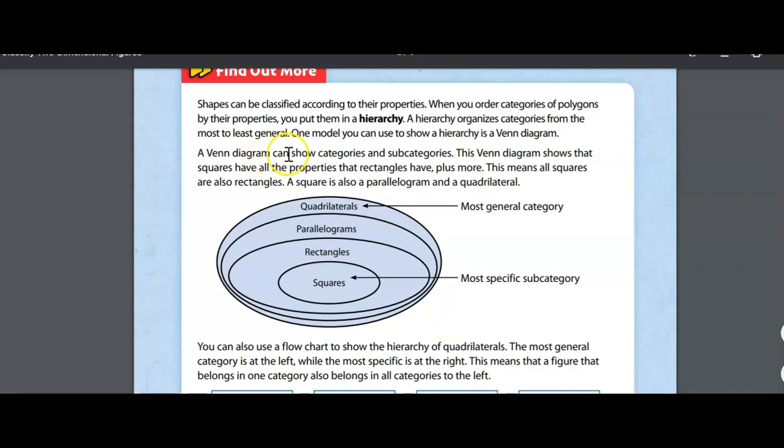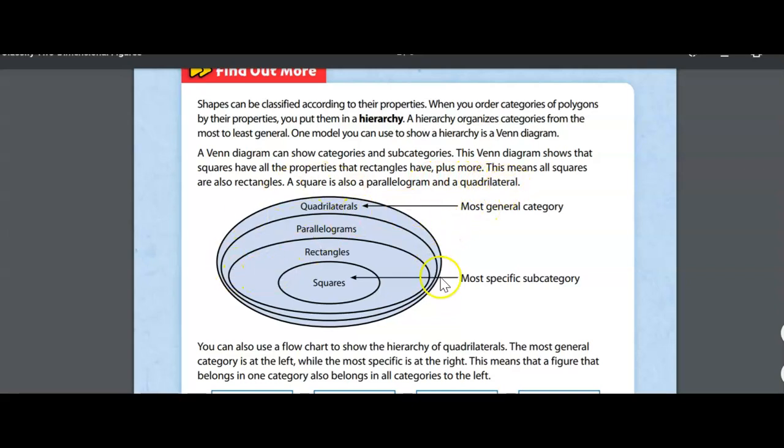A Venn diagram can show categories and subcategories. This Venn diagram shows that squares have all the properties that rectangles have, plus more. This means all squares are also rectangles. A square is also a parallelogram and a quadrilateral.